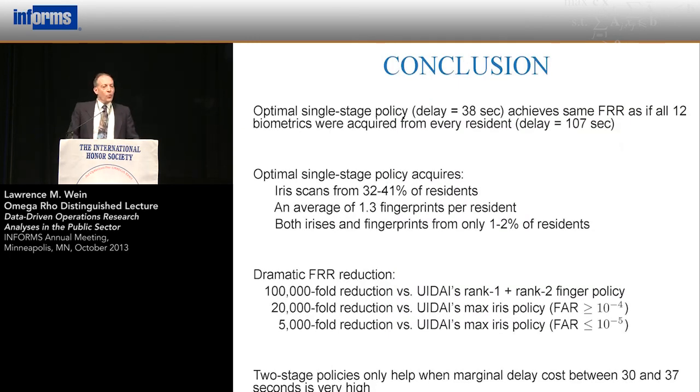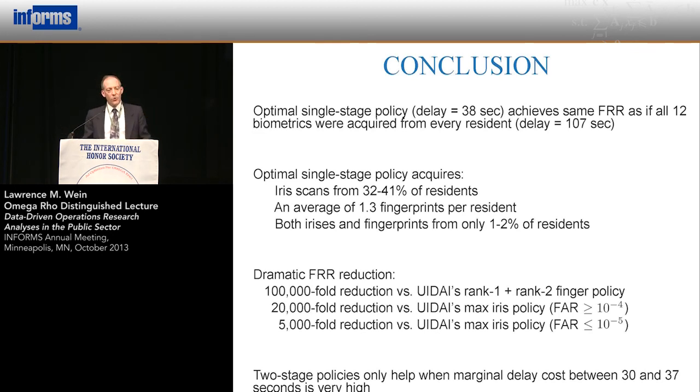So what we do is an individualized policy. For each person, we're taking a different subset of those 12, 10 fingerprints and 2 iris images.